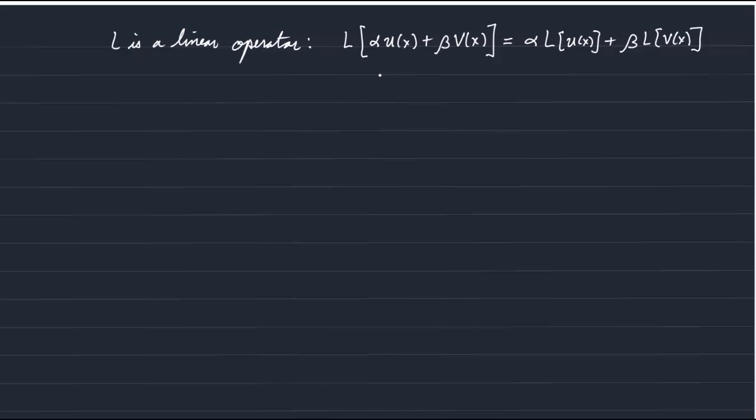So this is a property of a linear operator. When you operate on the sum of the two functions, it's the sum of the operation on the two functions separately.